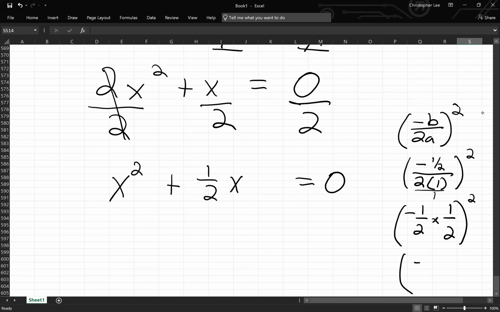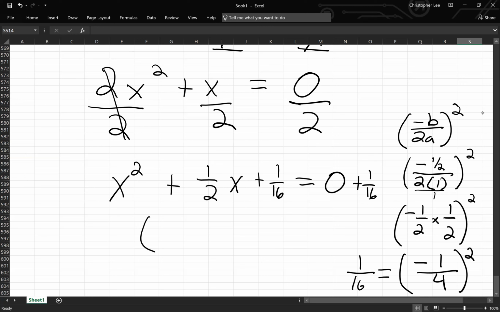Positive times a negative is negative. Negative 1 over 4 squared. And what's negative 1 over 4 squared? It's 1 over 16. Very good, right? So I'm going to add 1 over 16 here and add 1 over 16 here.